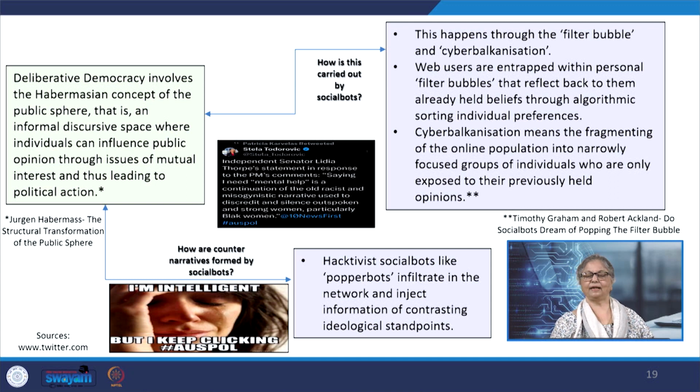Web users are entrapped within personal filter bubbles that reflect back to them already held beliefs through algorithmic sorting of individual preferences. Cyber balkanization means the fragmenting of the online population into narrowly focused groups of individuals who are only exposed to their previously held opinions.